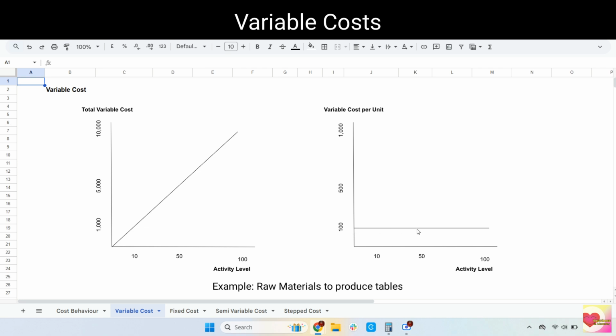So no matter how many tables are produced, the cost of the raw materials for one table is still 100. These two graphs both pertain to variable costs, but again, you have to pay attention to which variable cost you are comparing to the activity level, either the total or the per unit of the variable cost.